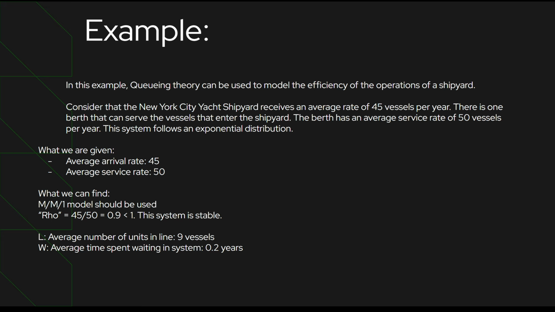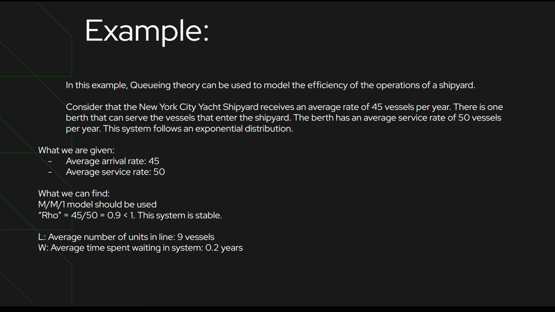We find rho, not the effective arrival rate, but our value that tests how stable this system is, and we find that 45 over 50 gives us 0.9, which is less than 1. This means that this system right now, this shipyard, is stable.